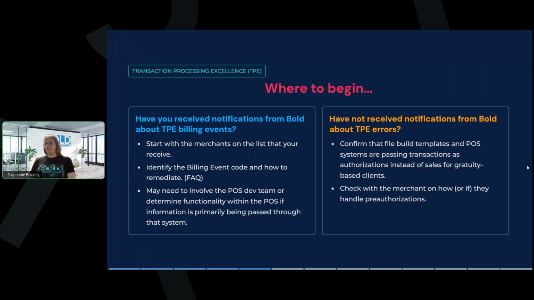If you have not received these notifications from our team, then I would just confirm that you have merchants set up correctly. If you haven't received these notifications, it means our processor hasn't breached the amount they're allowed. So it would be a good idea to check any merchants boarded in roughly the last 2 years, and confirm that their file builds are set up as restaurant instead of retail in a gratuity environment, and that if they're utilizing pre-authorizations, they're educated on how they should be doing it.